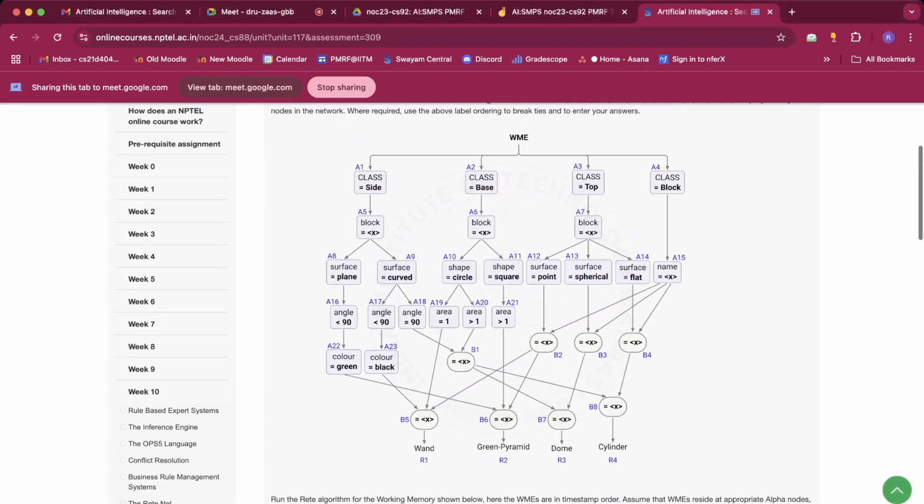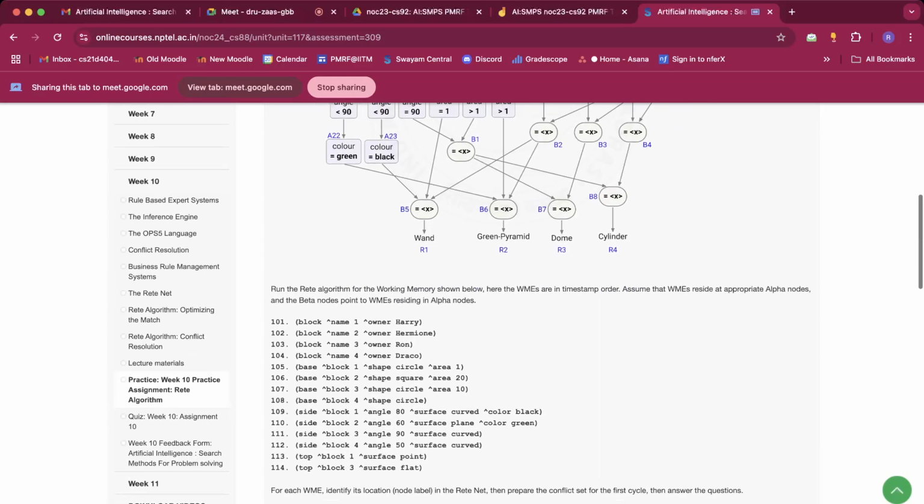What does R1 say? R1 says that for class slide, a block with ID X, or a block X with the surface curved at an angle less than 90 degrees, has color black, and if the base is circle, area equals 1, and if the block has name X, then we said it's a wand.